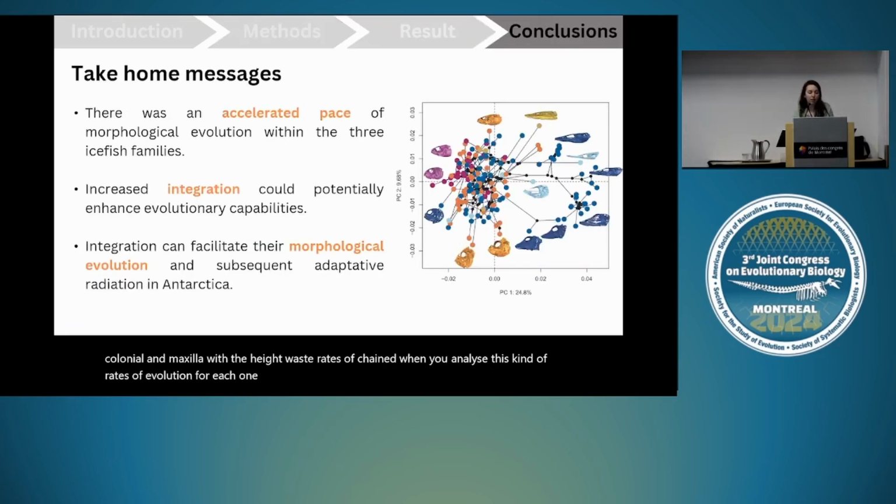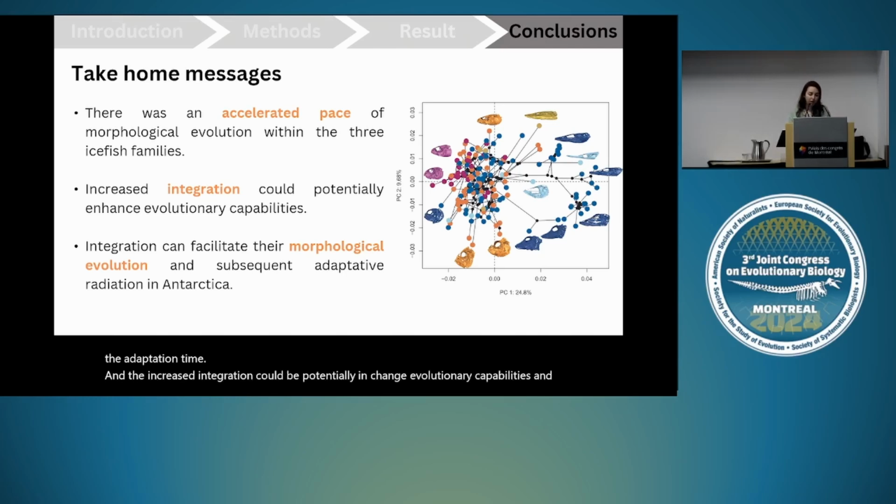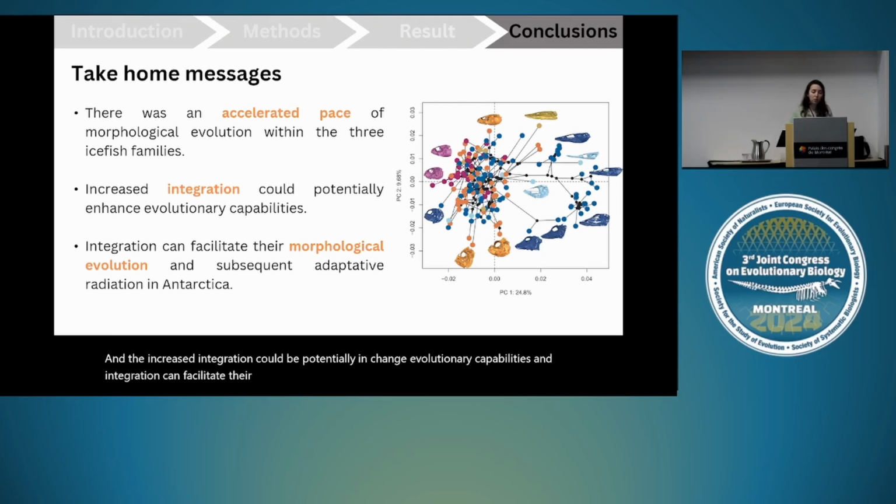And my main message for you today, after this huge effort, is, first, there was an accelerated pace of morphological evolution within the three icefish families, and this matched with the adaptation time. And increased integration could potentially enhance evolutionary capabilities, and integration can facilitate their morphological evolution and subsequent adaptive radiation in Antarctica.